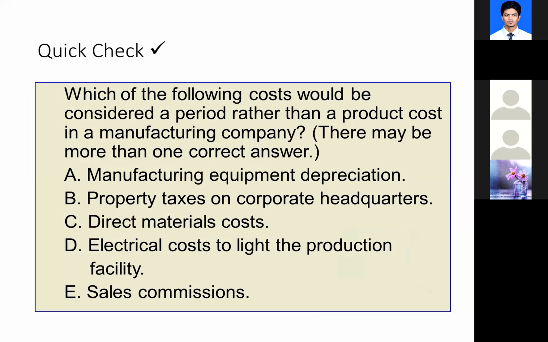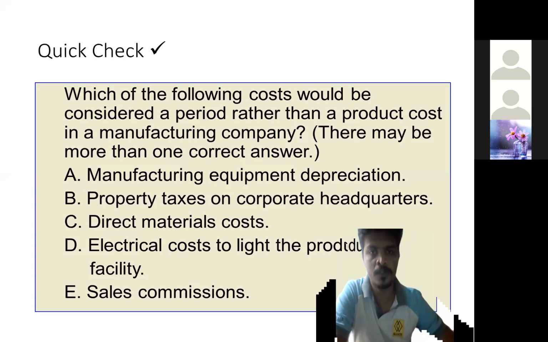Which of the following costs would be considered a period rather than a product cost in a manufacturing company? There may be more than one correct answer. Put your answers in the chat box.